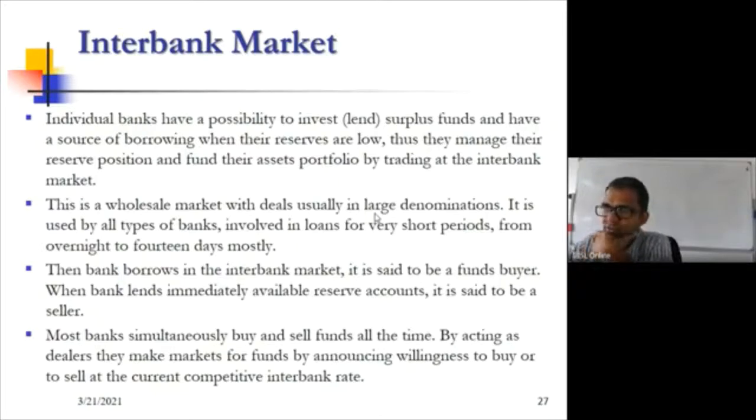Banks deal in large volumes, and the period may vary from overnight to maybe 2 weeks or something like that. Very rarely do they go beyond that, because your cash flows vary and you need not lock in for a long period.